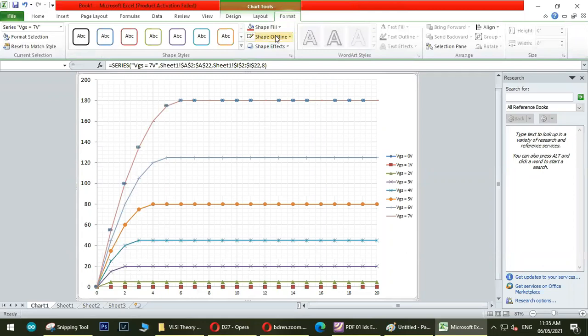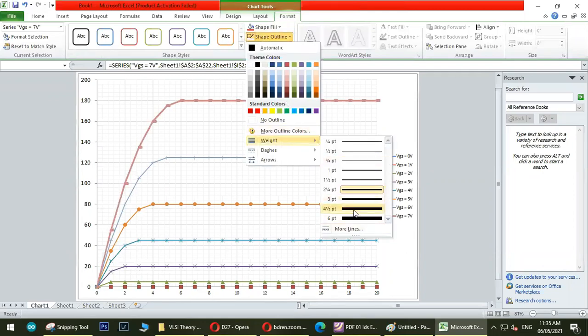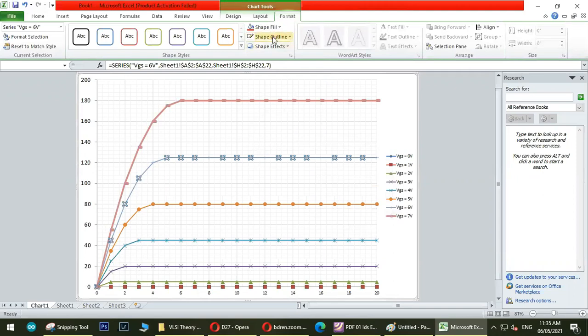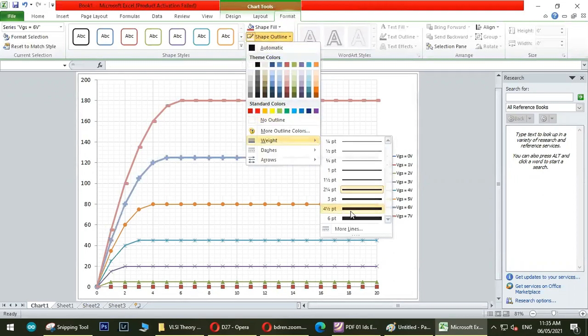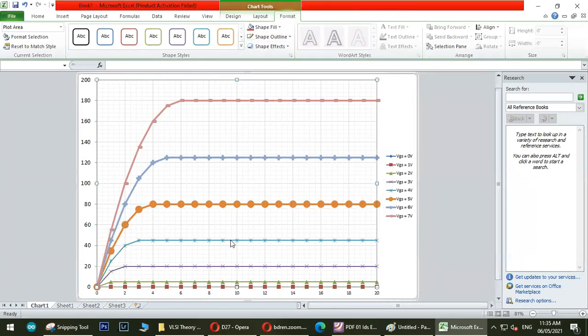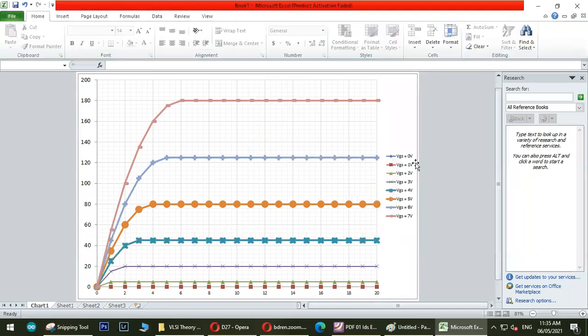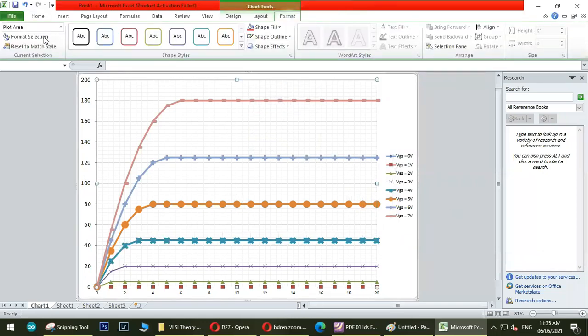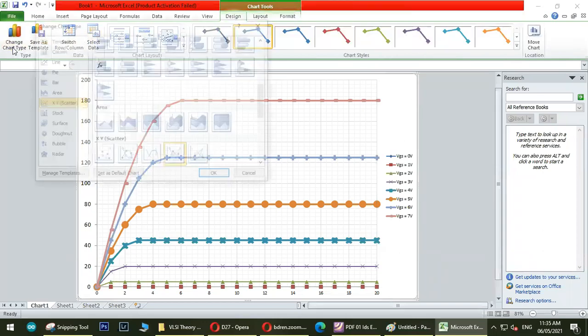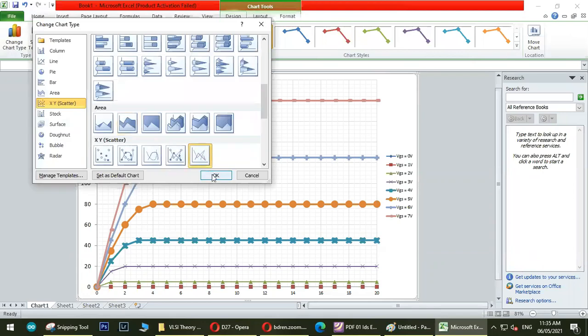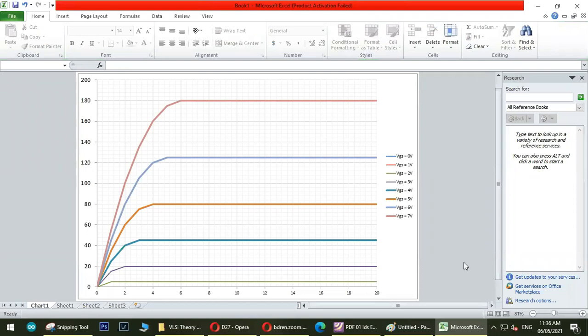You can make this graph a little bigger if you want. If you want, you can change the chart type from that to these. If this is the look you are going after, you can use this as well.